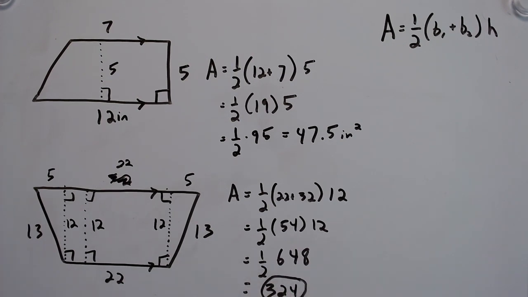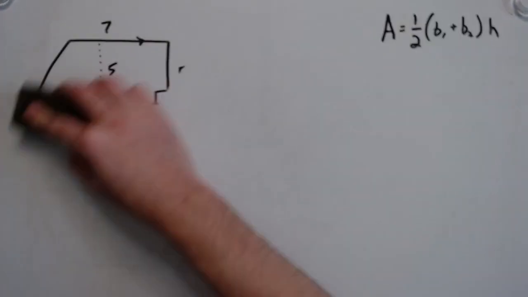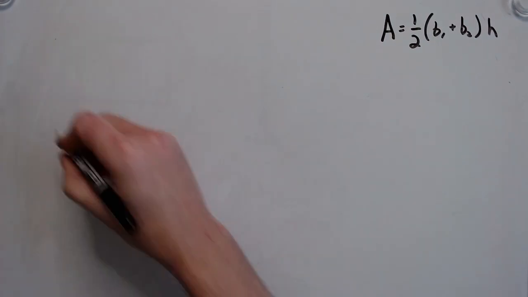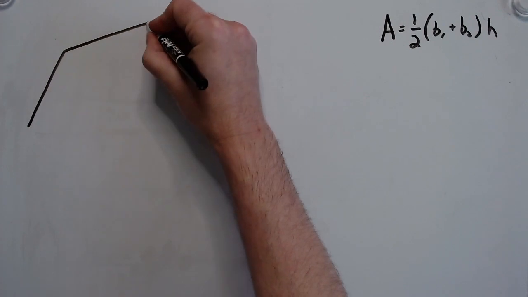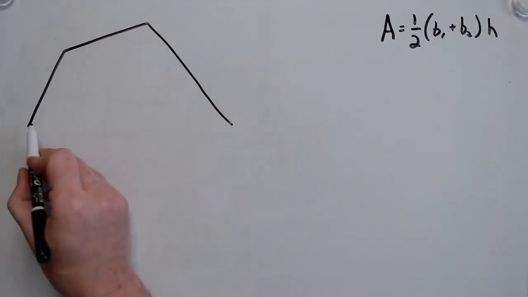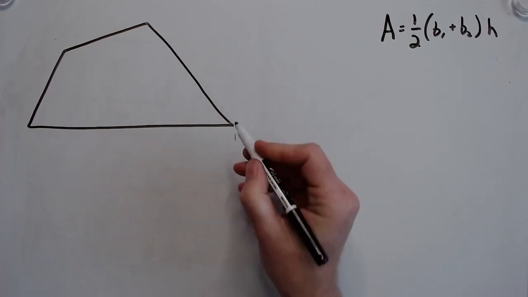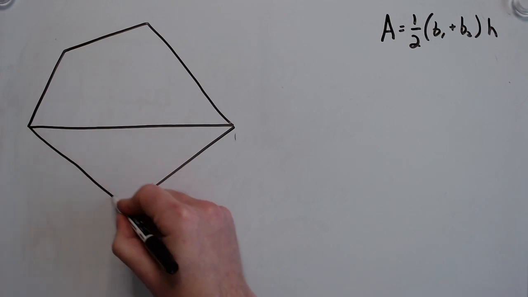All right, let's clean this off and do a bonus problem. We're going to do something a little funky here. I'm going to come up and over and down. So we have a quadrilateral, which does not look like a trapezoid. And then we're going to come down here and over like this.